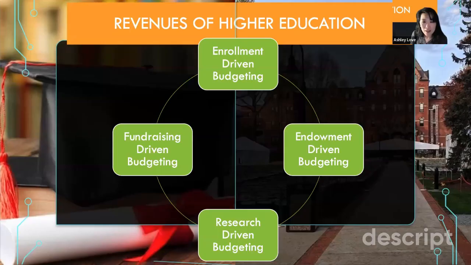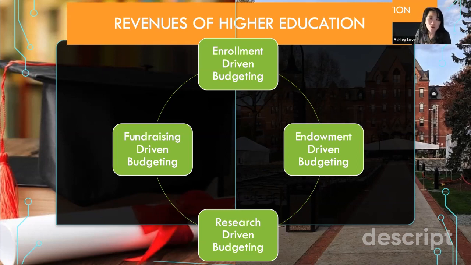So getting back to revenue in higher education, like I said, enrollment driven, endowment driven, research driven and fundraising driven budgeting are some of the ways to focus on how to generate funding.